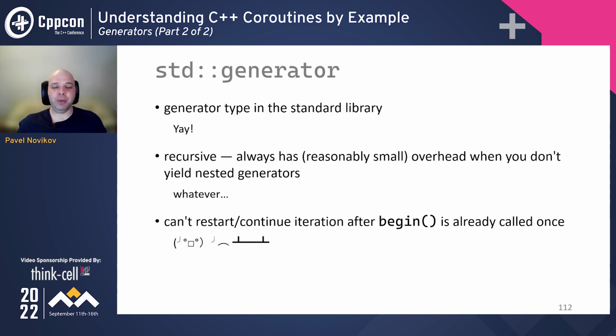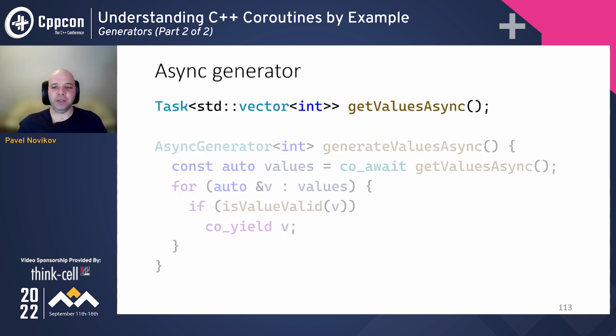And the part I don't like, mildly speaking, is that it is specified in a way that we can call begin only once. And this creates the problem of not being able to observe the changed observable state, or otherwise when you try to observe the observable state by calling begin the second time, you get undefined behavior. This is a bummer. So I hope they will fix it.